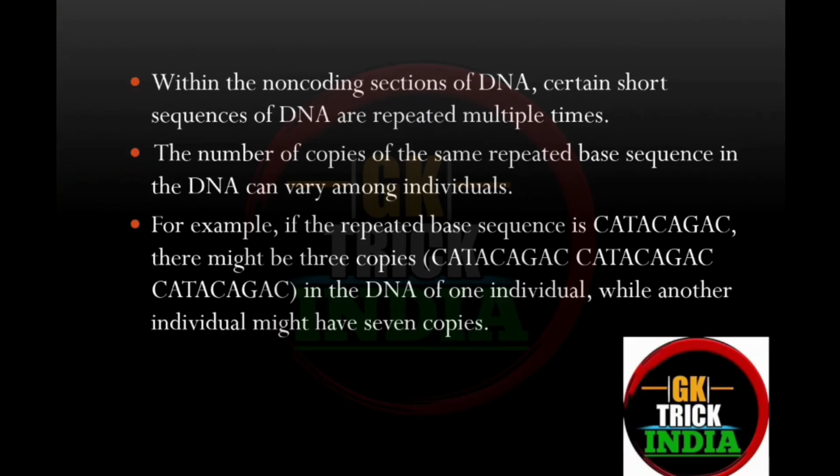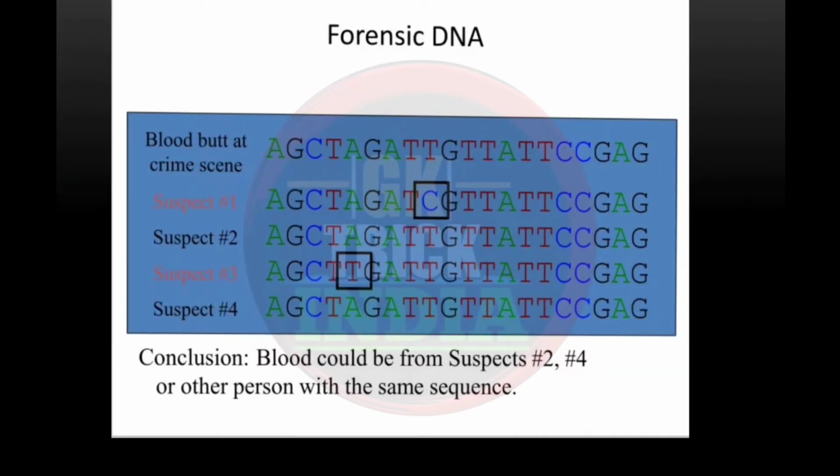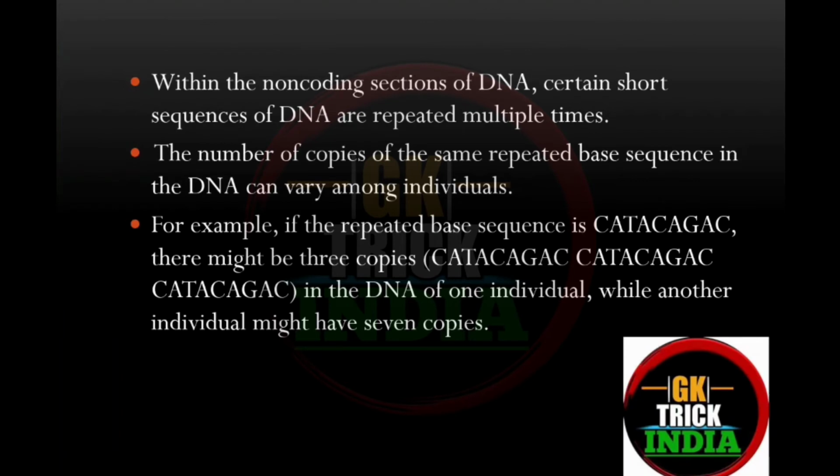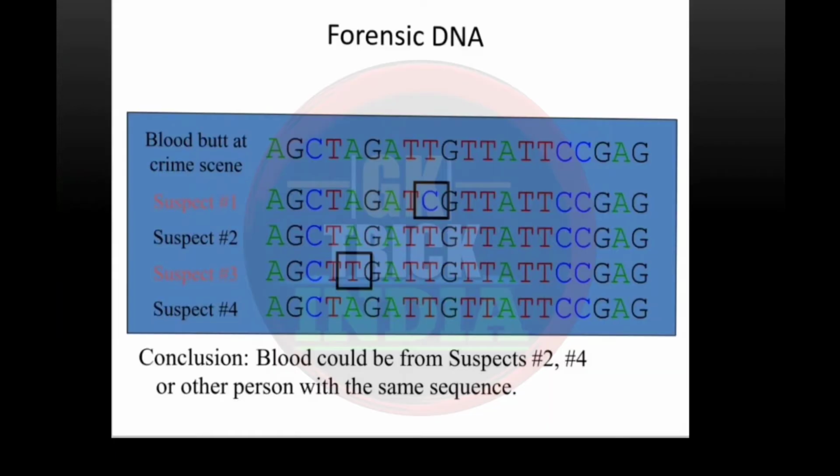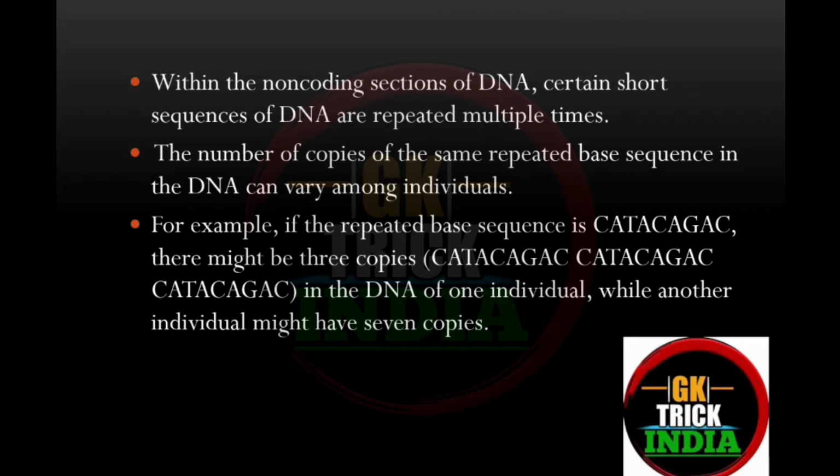Within the non-coding sections of DNA, certain short sequences of DNA are repeated multiple times. The number of copies of the same repeated base sequence varies among individuals. For example, if the repeated base sequence is CAGAC, there might be 3 copies in the DNA of one individual, while another individual may have 7 copies.